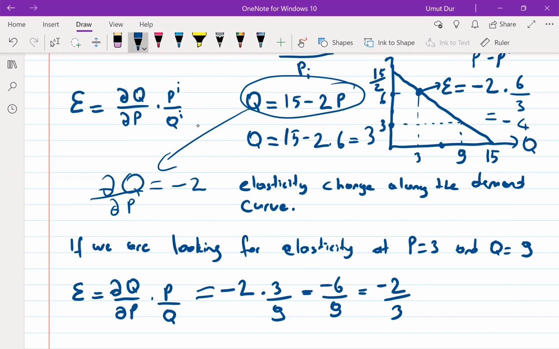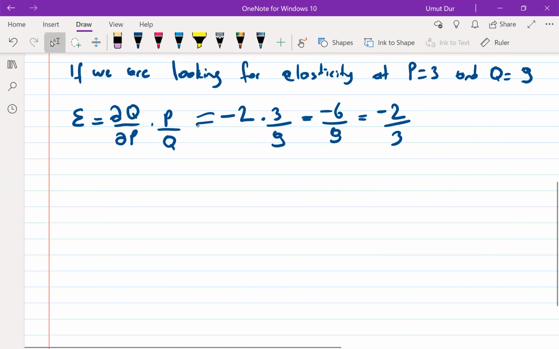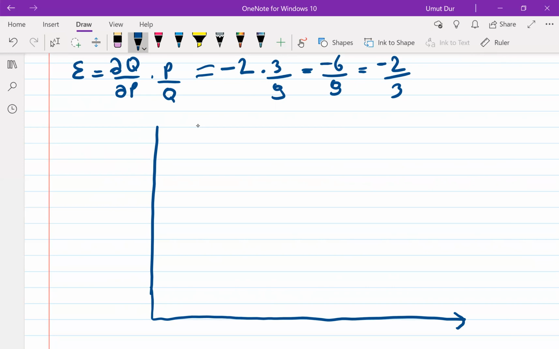Any questions so far? No. Okay. So let us do one more thing as a reminder. Let me try to draw the graph as large as possible. We are looking for elasticity at a fixed point.